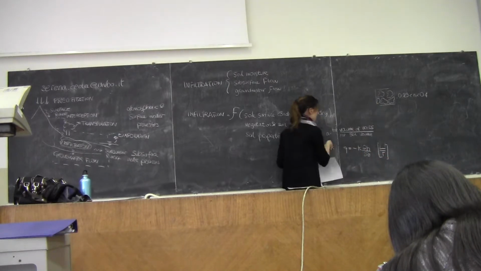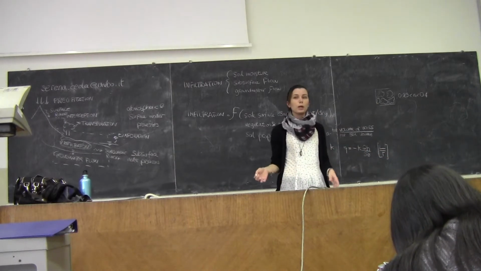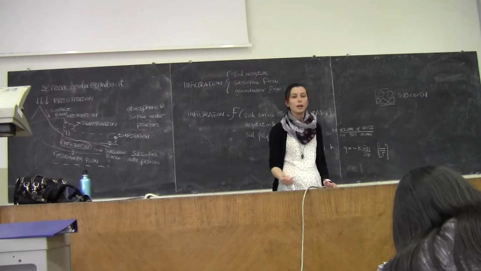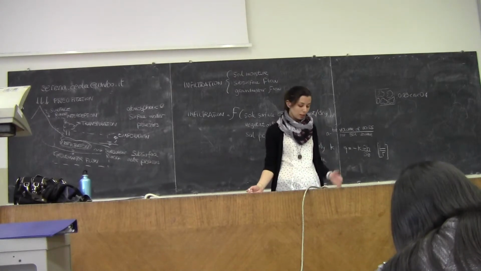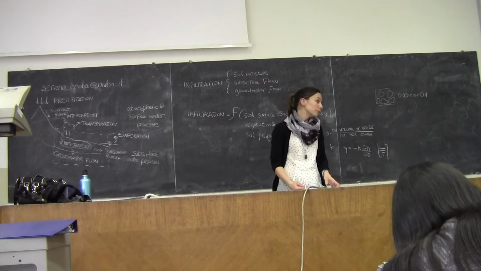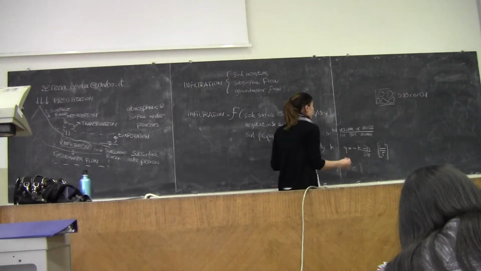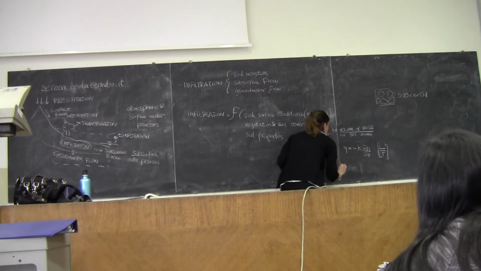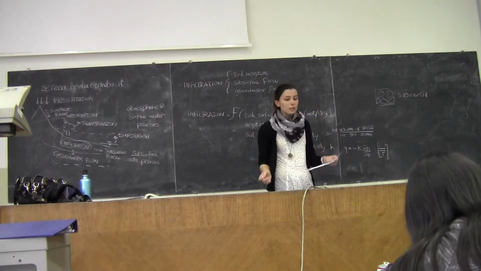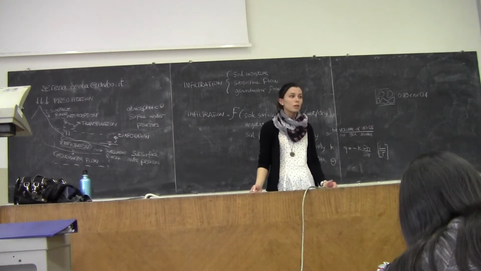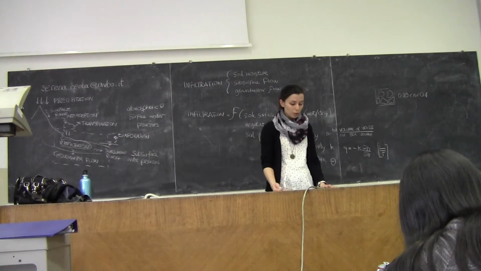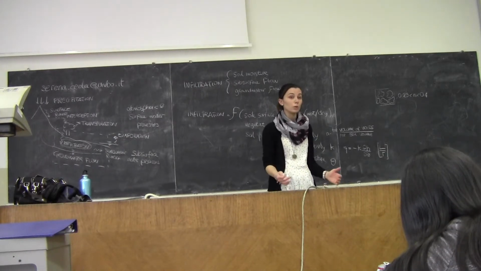The value of K differs between permeable and impermeable soils. Then the soil moisture, which is theta. Theta is the ratio between the water volume in the soil to the total volume.